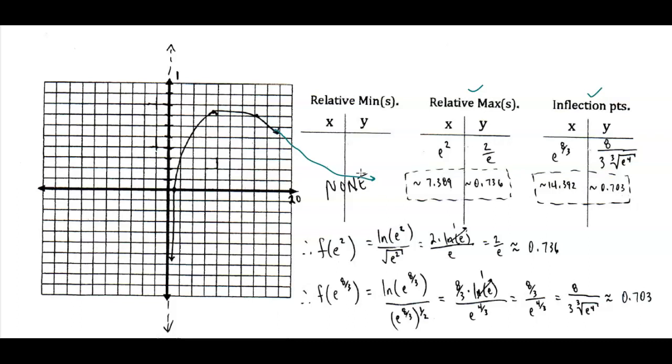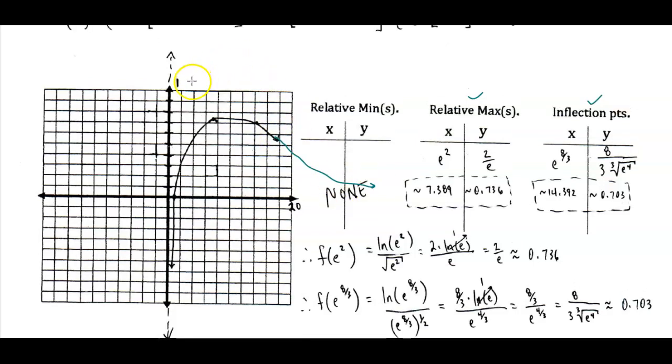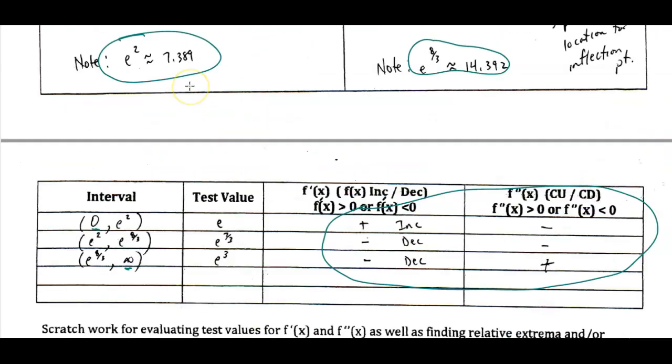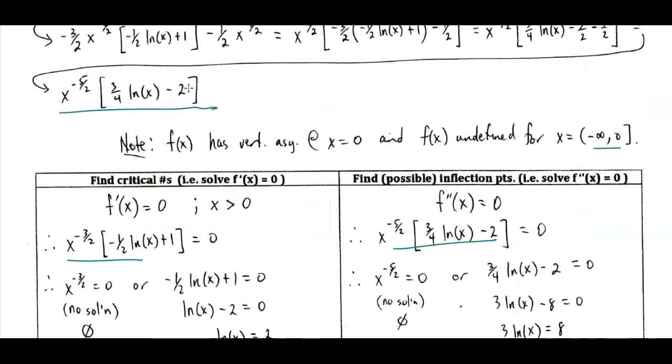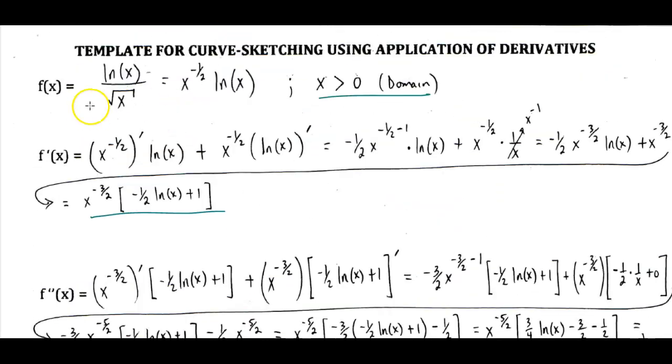And eventually the graph is going to ride along the x-axis, meaning that we're going to have a horizontal asymptote there. The reason that I know that is if we go back to our original function, if you look at a graph of natural log of x, and then a graph of square root of x, you'll see that square root of x gets bigger than natural log of x relatively quickly.